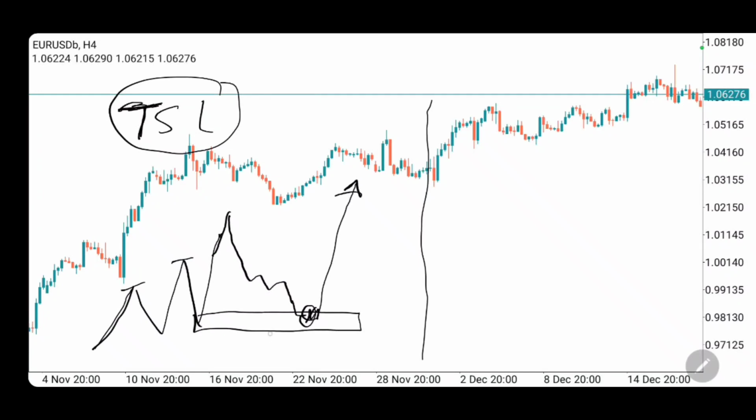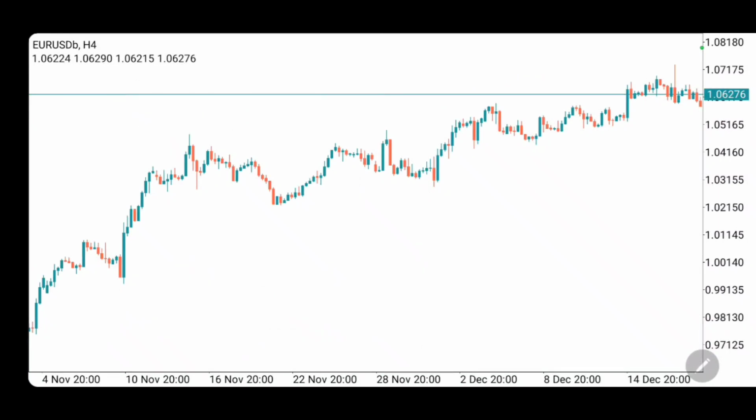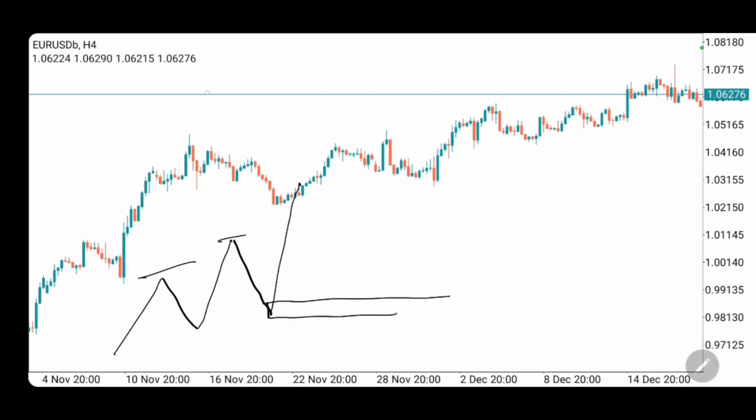The market does not break below the zone in a normal scenario. But in a total soup long scenario, the market is in a buy structure, and we're having our demand zone right here.